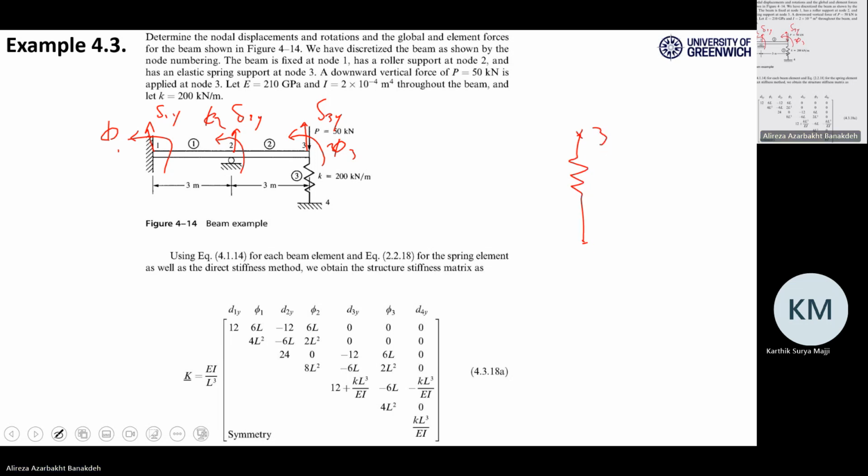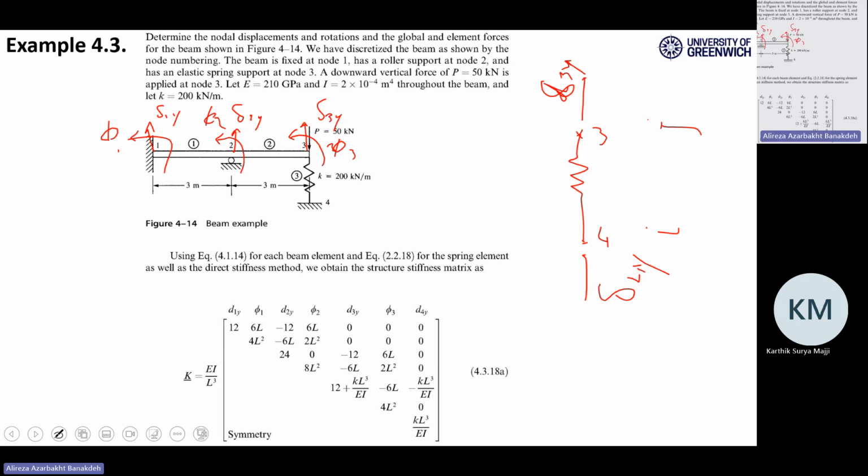The spring connects node 4 to 3, and I can say this is delta 3y, and this is delta 4y. This is I, this is J. Delta 3y is common between the top of the spring and the right-hand side of the beam, but delta 4y is something new, right?